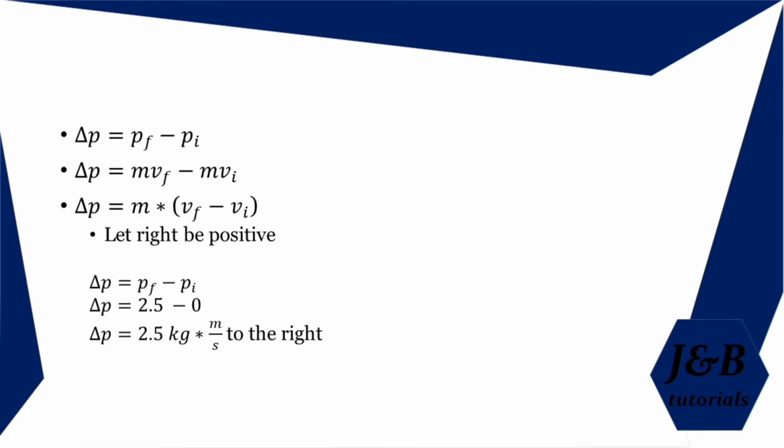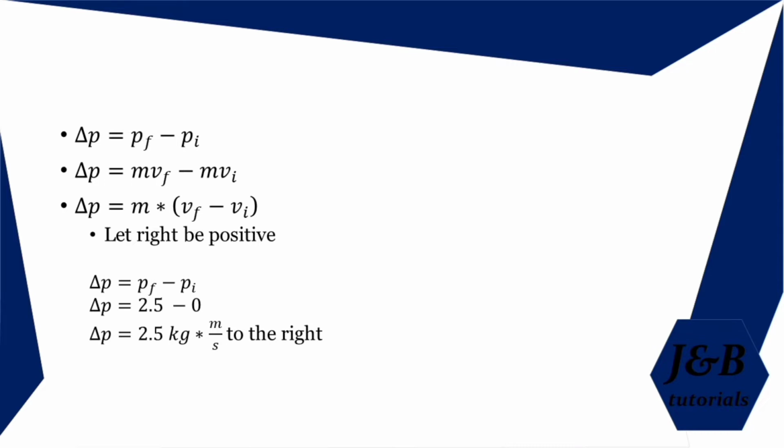Let's now express the change in momentum for this one. Firstly, we have to deal with direction. We have to state which direction is positive. In our case, we said let right be positive. If right is positive, we have delta P equals P_f minus P_i.